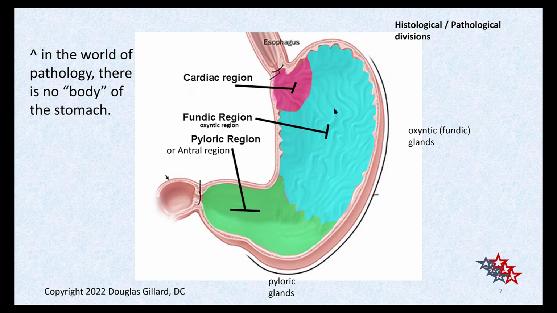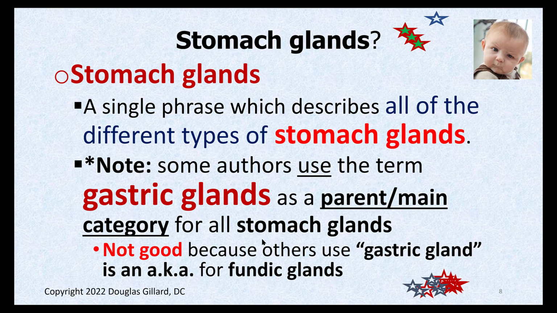There's the fundic region right here, sometimes called the oxyntic region, in blue. And there's the antral region or pyloric region right here in green. Those are named because there are cardiac glands, fundic glands, and pyloric glands that live in these areas. So that's how they name them.